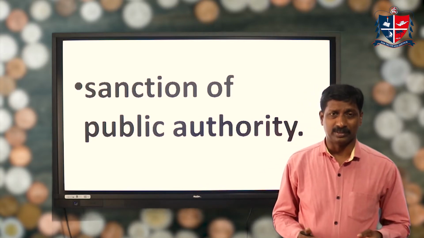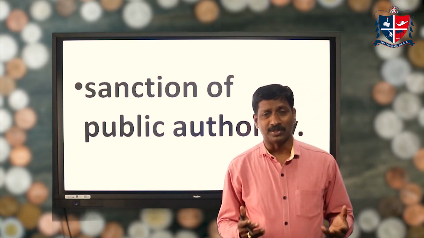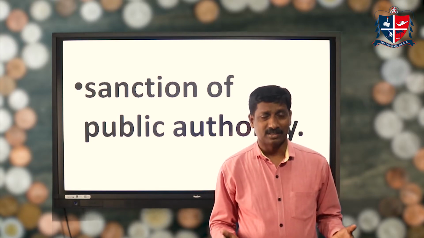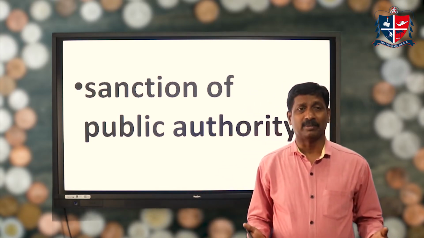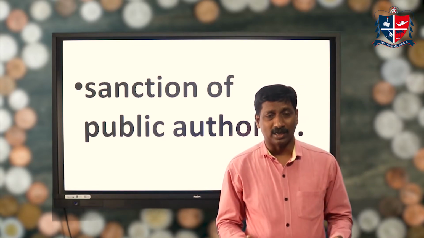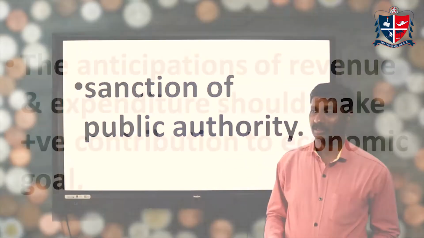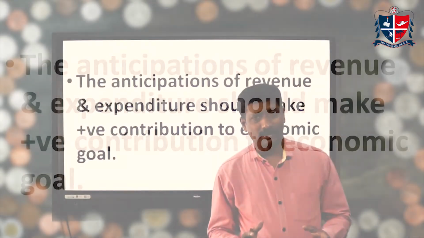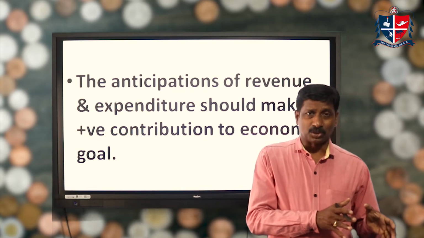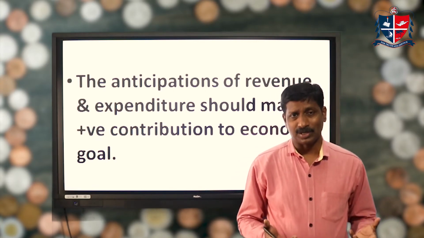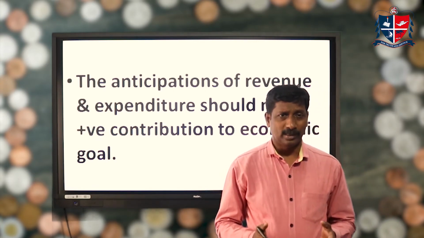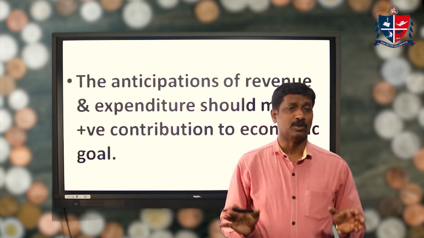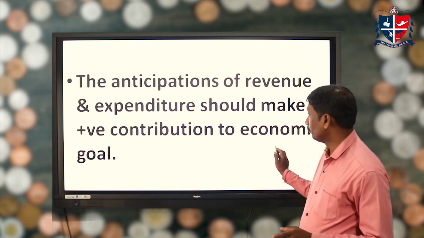For example, in the case of Government of India, when the finance minister presents a budget in front of the parliament, it has to sanction it. Otherwise, it is not possible for the government to implement the programs and plans of action for the financial year. Then, another feature of a budget is the anticipations of revenue and expenditure should make positive contribution to economic goal.